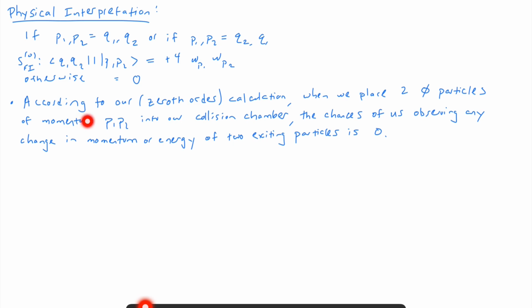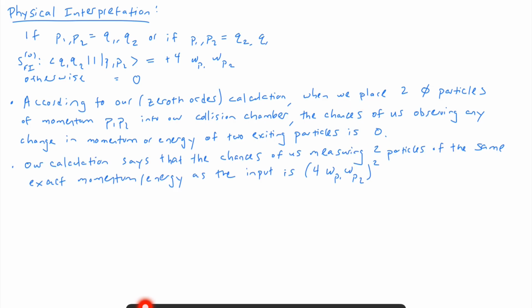So according to our calculation, to zeroth order, when we place two phi particles of momentum p1 and p2 into our collision chamber, and then see what happens after they're allowed to quote unquote interact, the chances of us observing any change in momentum or energy of the two exiting particles is 0. So basically nothing happens to zeroth order. Always we'll see the same thing coming back.